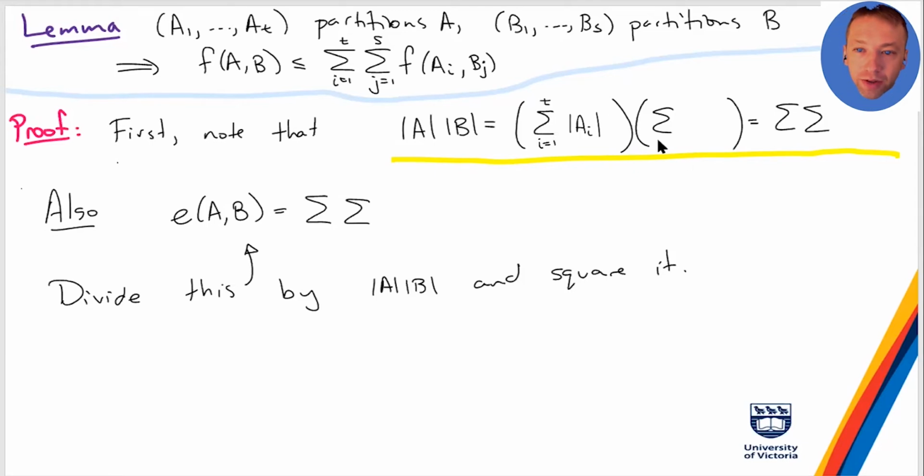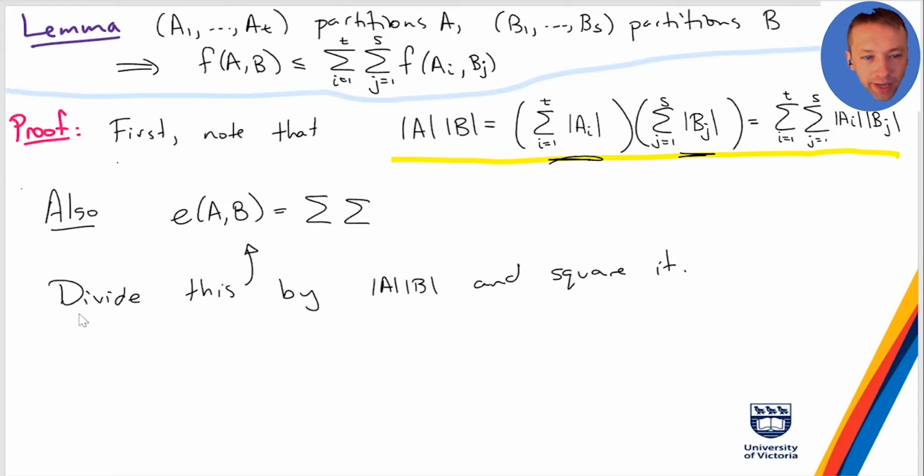The BJs partition B, so I've got that too. And the way multiplication distributes over sums, you multiply everything here with everything here. So A times B is the same as the sum, i equals 1 to T, j equals 1 to S, of AI BJ. Nothing too deep there.